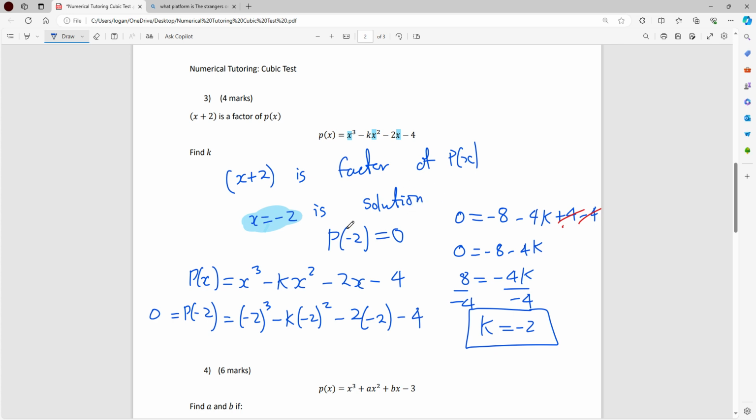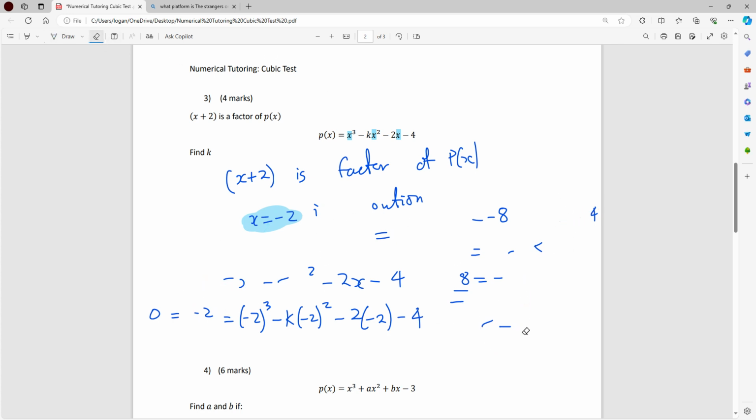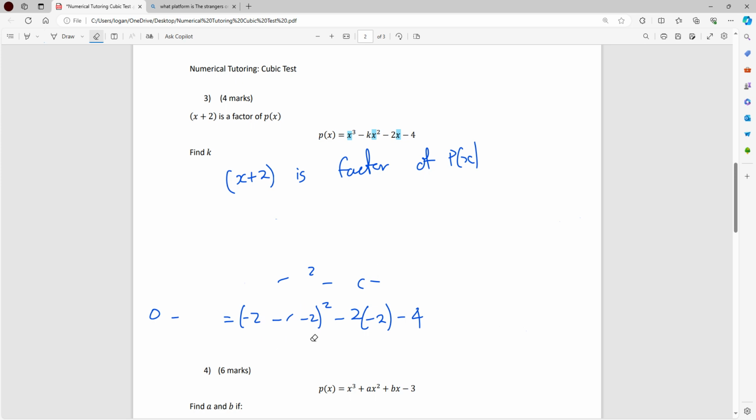Now both ways actually work as well. So I'll show you the other way you could do it as well. So let's just get rid of this. So you can write x plus 2 as a factor of p of x.